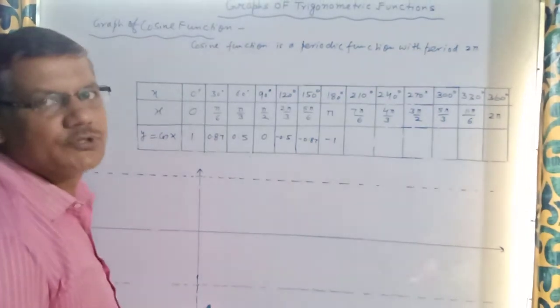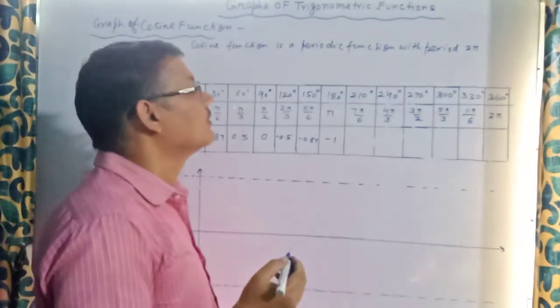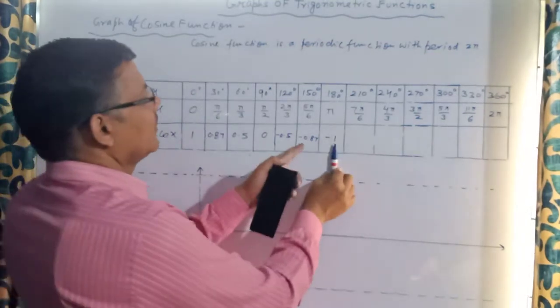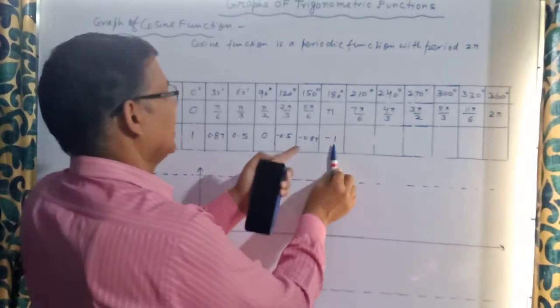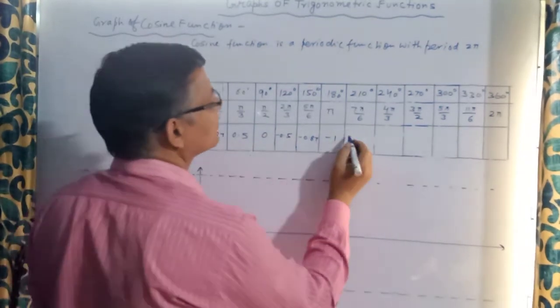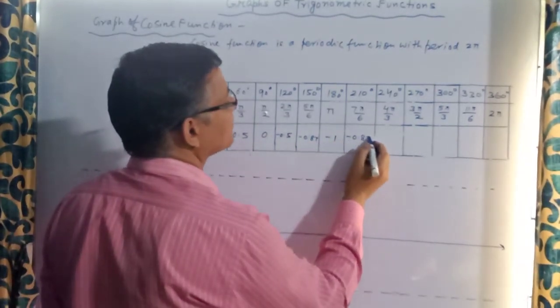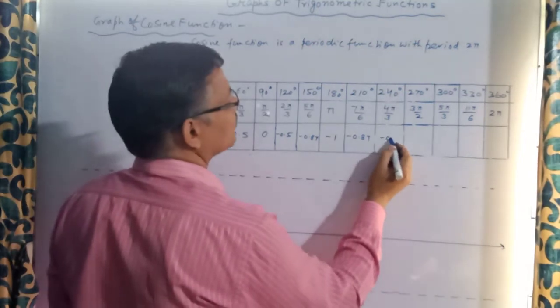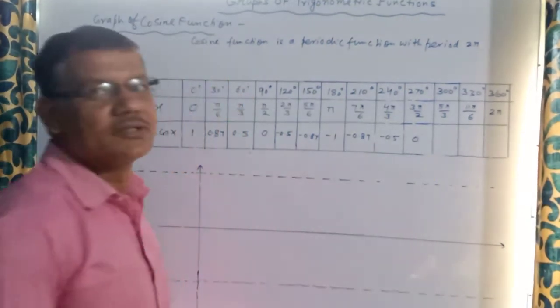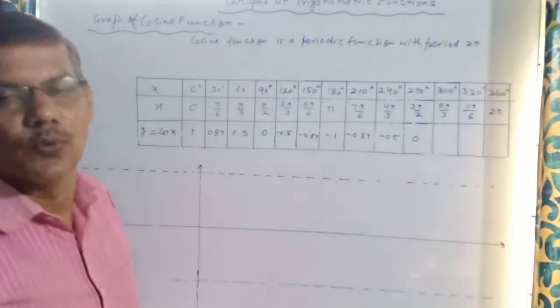Again, what is the sign of cosine in the third quadrant? Again it is negative. So fix, this is minus 1. Now it comes here with the minus sign as it is. So we get here minus 0.87, then minus 0.5, and 3 pi by 2 is 0. What about the fourth quadrant? Here cosine is positive.